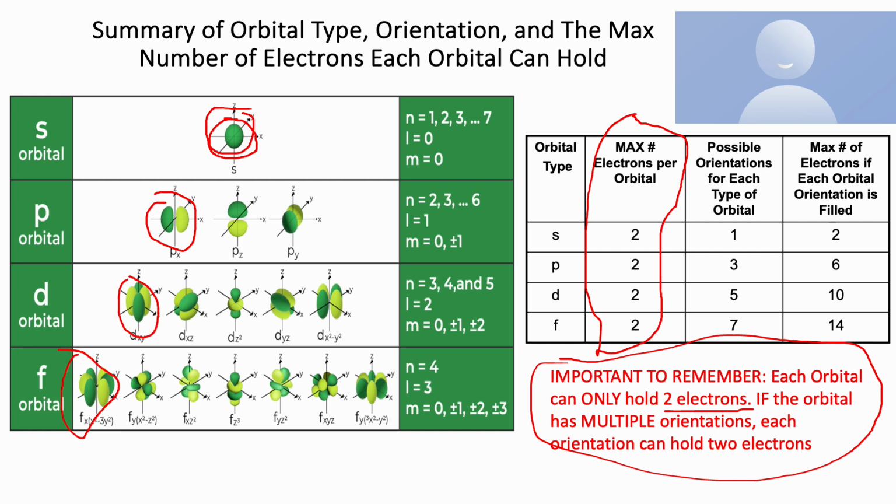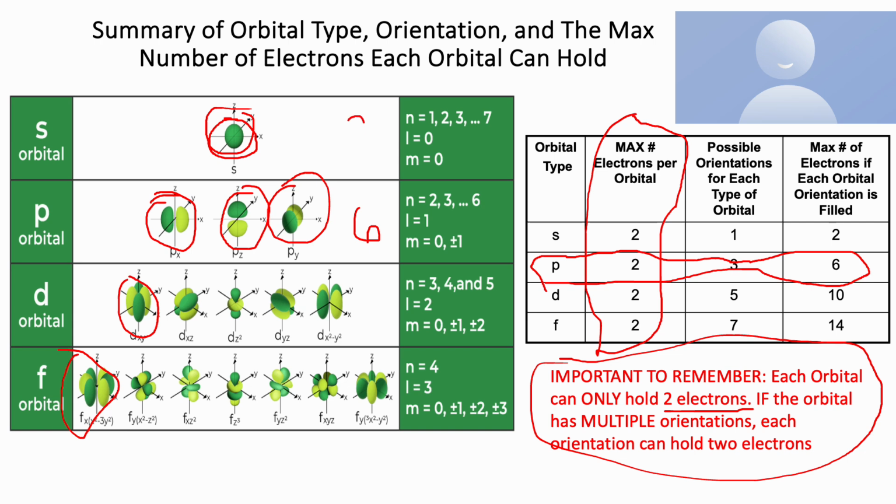Now, when you get to your p orbitals, since this can hold 2 electrons, and this can hold 2 electrons, and this orientation can hold 2 electrons, your max number of electrons for your p right here is going to be 6. So p will always be able to hold a maximum of 6 electrons.